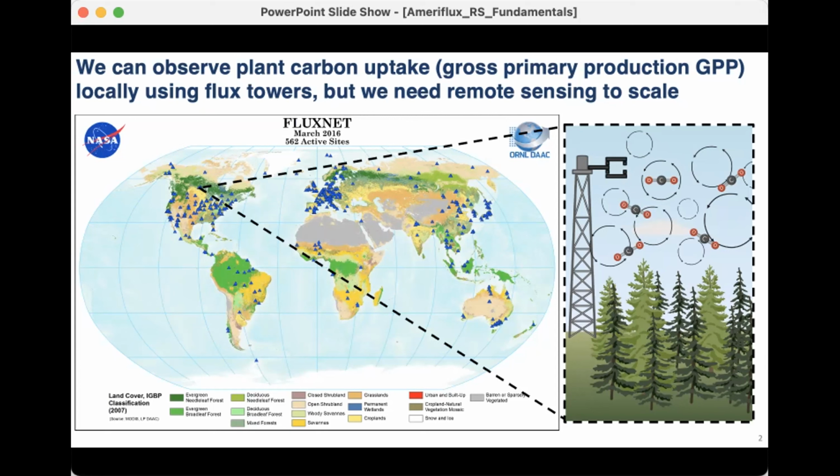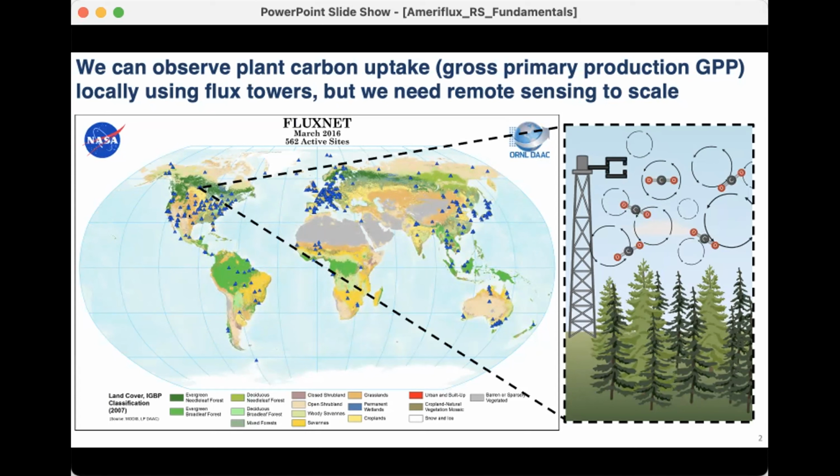But remote sensing here is really a valuable tool to scale these observations from the individual site level to ecosystems more broadly. You can see there's a lot of ecosystems that don't have any measurements, many that are maybe oversampled.